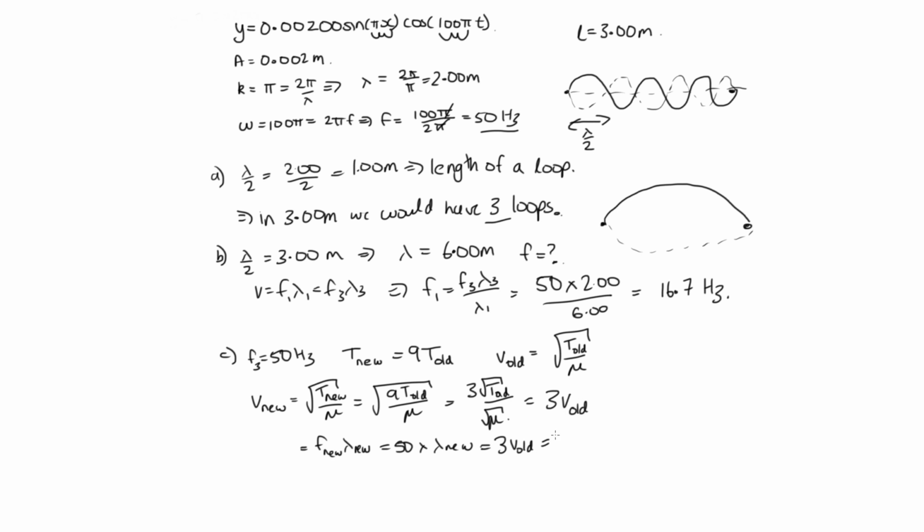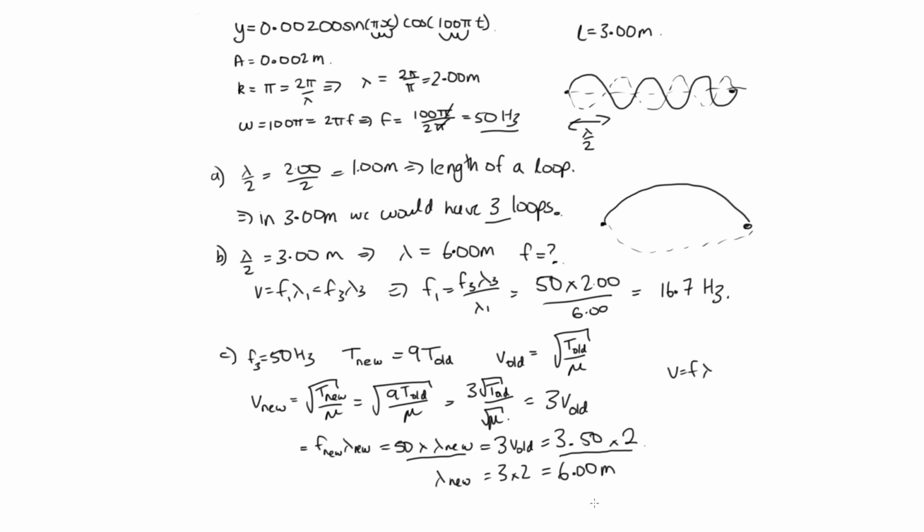But v old, just because v equals fλ again, we can use the old frequency, which was 50, and then the old wavelength we calculated up here was 2. So we're trying to find this. So we're equating this part here with this part here. And so we have λ new. This 50 will cancel, this 50 will equal 3 times 2. So that's going to be equal to 6 meters.